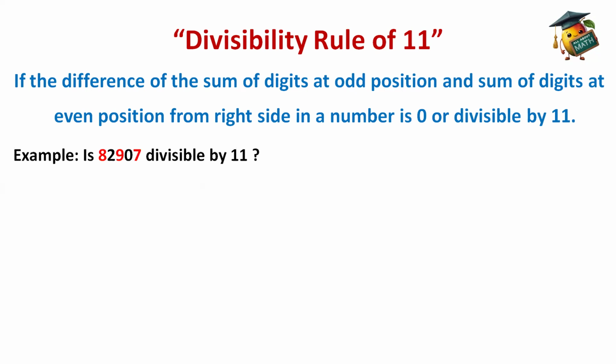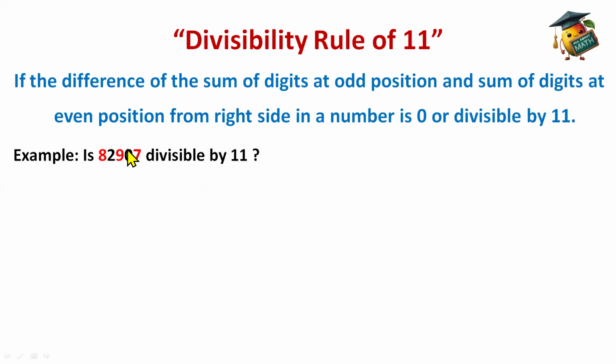We have an example here, which you can see is 82,907. Is it divisible by 11? I have used different colors here, red and black. Now here you can easily see odd places and even places. Odd places are 1, 3, and 5. You will not check the number, we'll check the place.